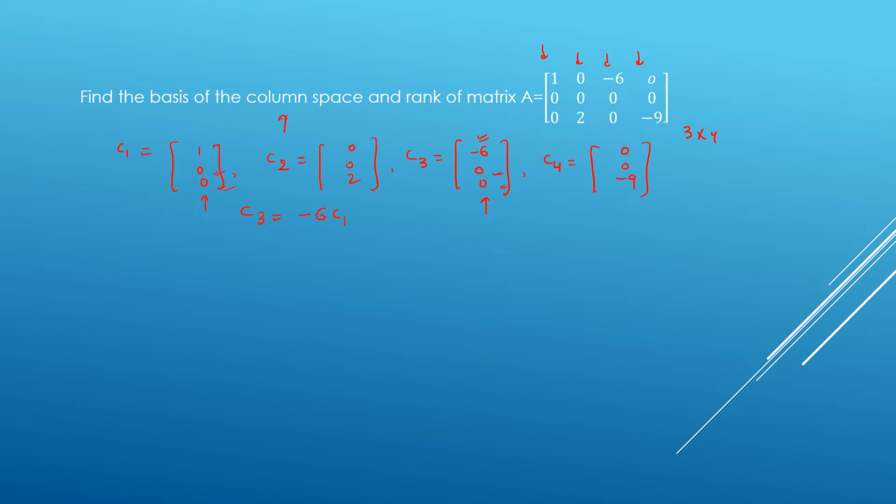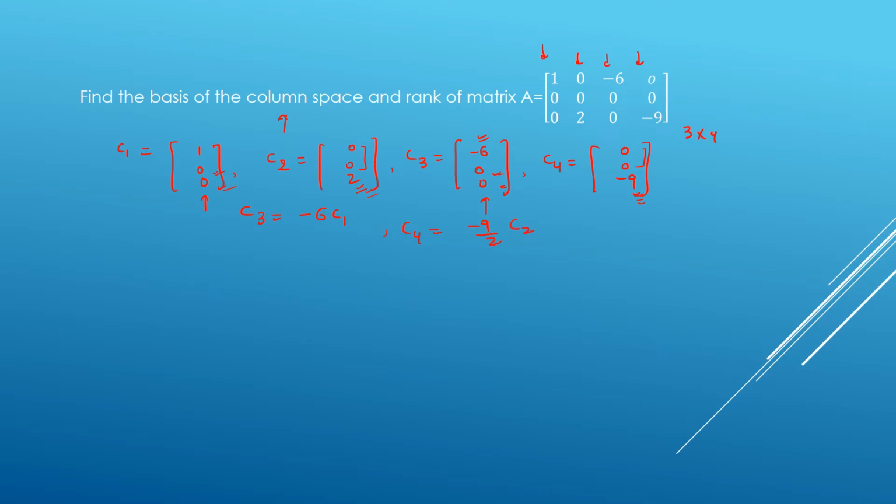Correct. Now is there any other relationship which we can form here? This is 2, this is minus 9. Yes, because these are 2 zeros, so we can do something with it. If we do minus 9 by 2, we can say that C4 is minus 9 by 2 of C2, right?